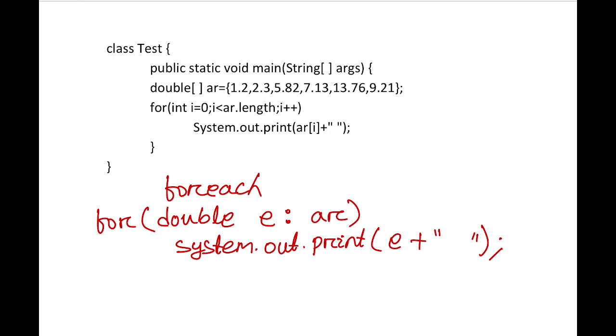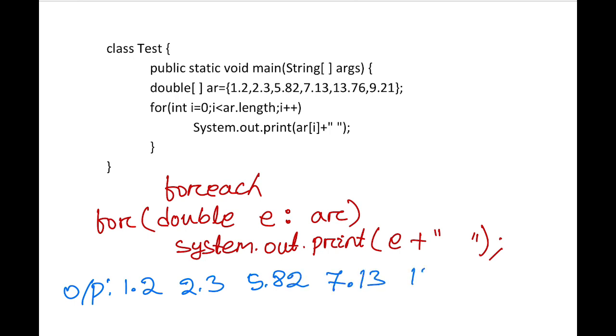Now if we execute this one, so what will be the output? It is going to be the same as the previous one. So the output is like this: 1.2, then some space, then 2.3, then some space, then 5.82, then some space, then 7.13, then 13.76, then 9.21.